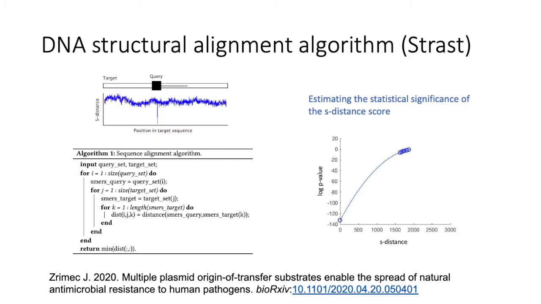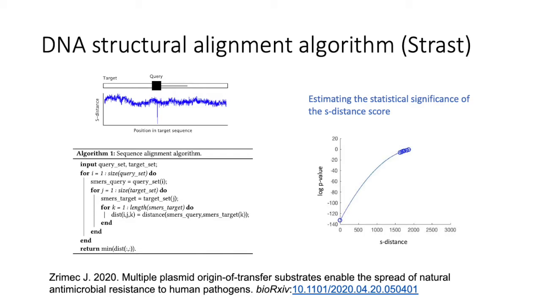Okay, so now we had all the elements required to develop the structural alignment algorithm for finding and typing transfer regions. This included pre-computed encodings to convert a DNA sequence into a sequence of S-mer cluster centroids, as well as pre-computed distance matrices between the S-mers, both of which enabled faster execution of the algorithm.